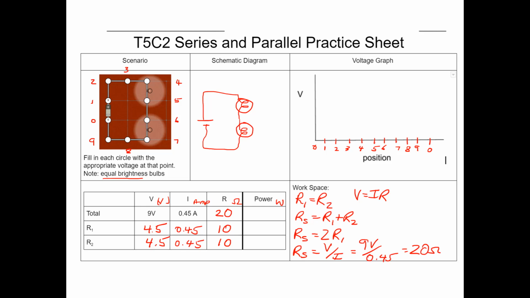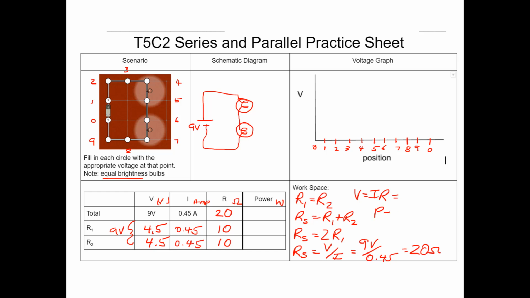Let's check and make sure that solves our requirement. In a series circuit, our voltage is raised by the battery, and it drops across the light bulbs. It was raised 9 volts, and it drops 4.5, drops another 4.5. Altogether, we have 9 volts here. Yep, it checks. Good.